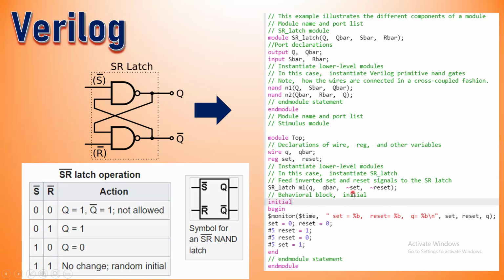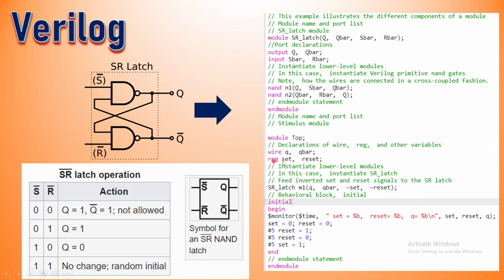But look, I have inverted inputs here. This small symbol says that the set and reset are inverted inputs that I have to provide as a stimulus. Because you see in the schematic we are using not S and R, rather we are using S bar and R bar. In other words, try to put your answer in the comments.